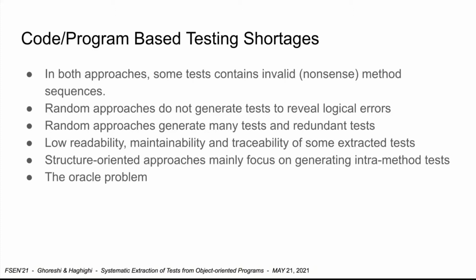In the object-oriented paradigm, intra-method testing is less important than in traditional programs because the lines of code and the complexity of methods are reduced. So the functionality of software is modeled by the interaction of methods or classes.